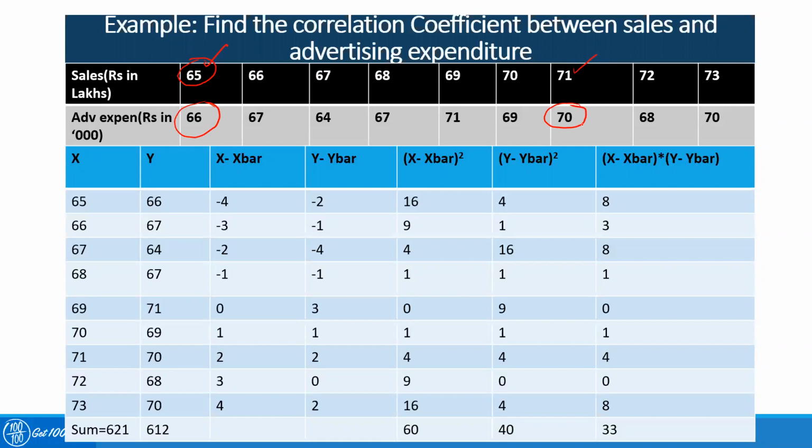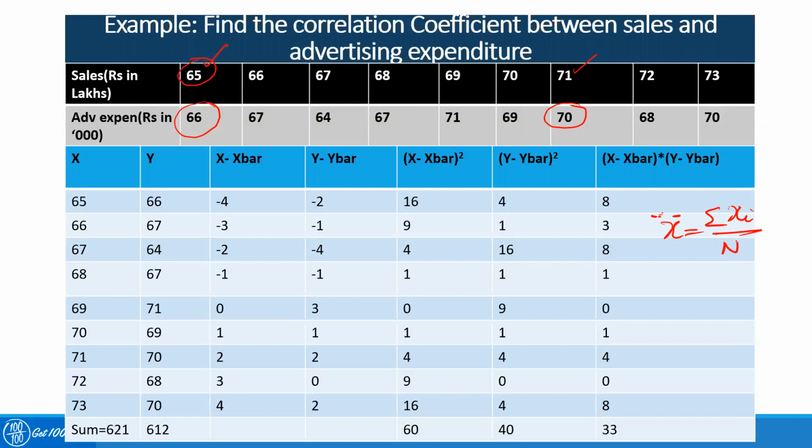How to solve this type of question? We'll make a couple of columns. First, we write all the values of x, then all the values of y. We add all the values of x and divide by the number of observations; that is the way we calculate the mean. So x bar is equal to summation of xi divided by the number of observations.